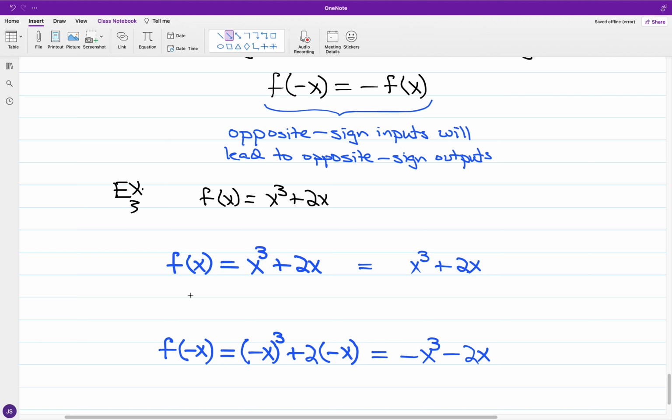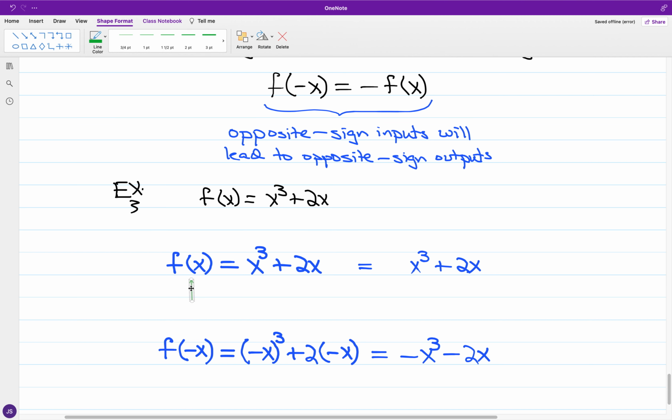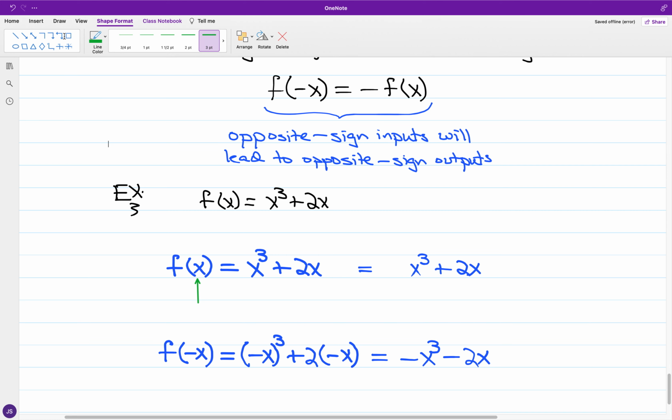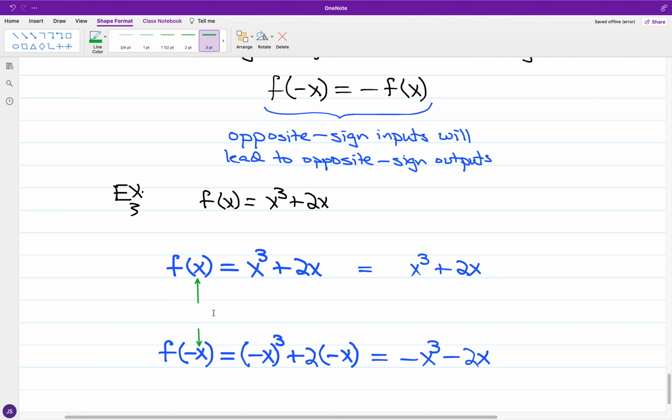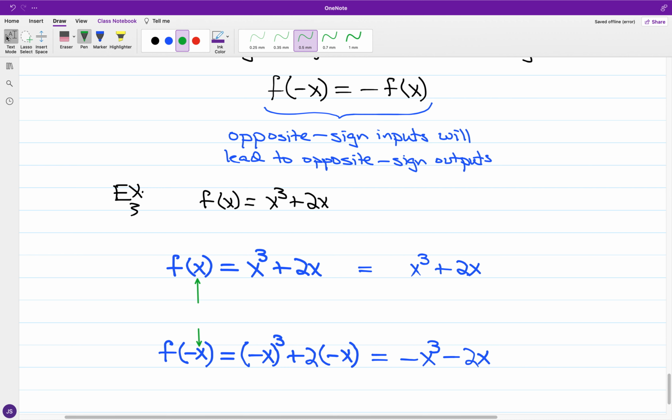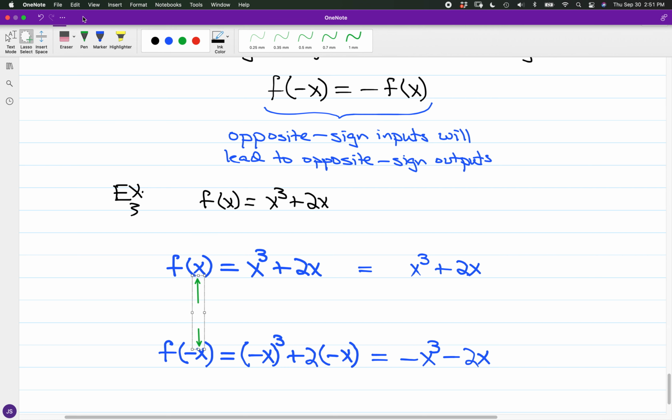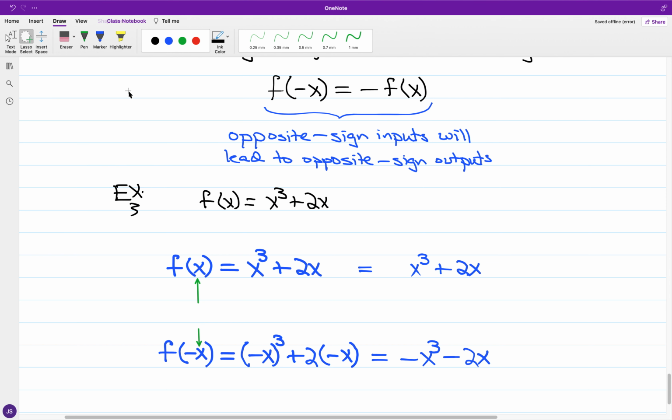And just to mention, between the inputs you have x and negative x, so these are going to be opposite.